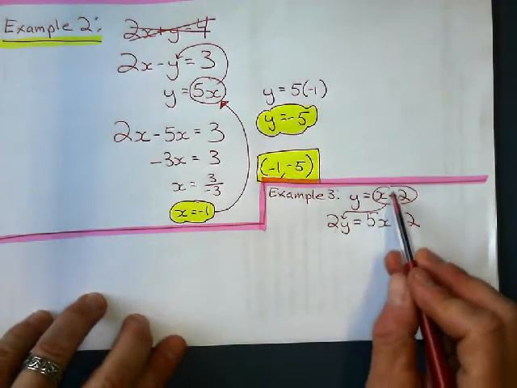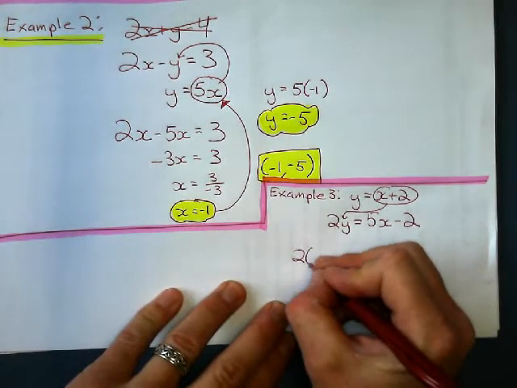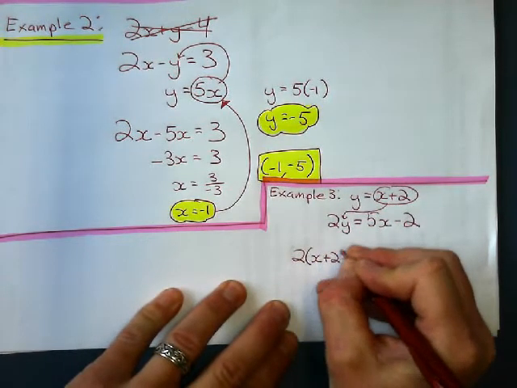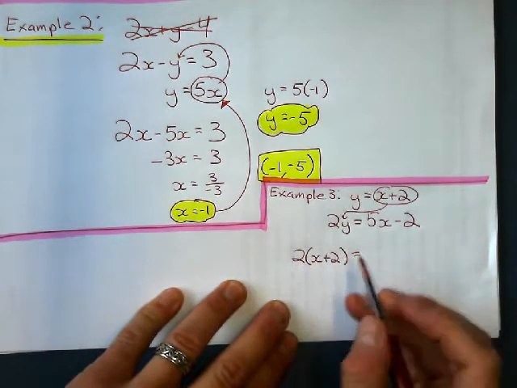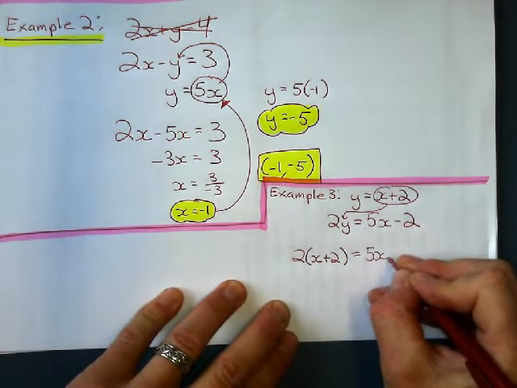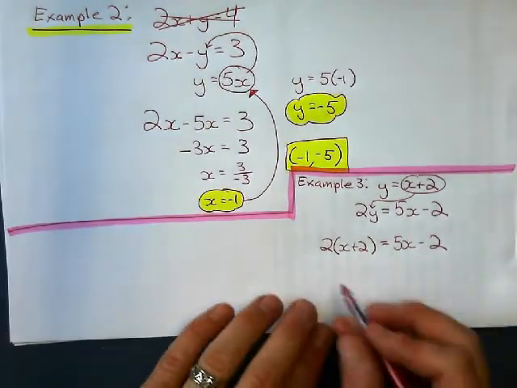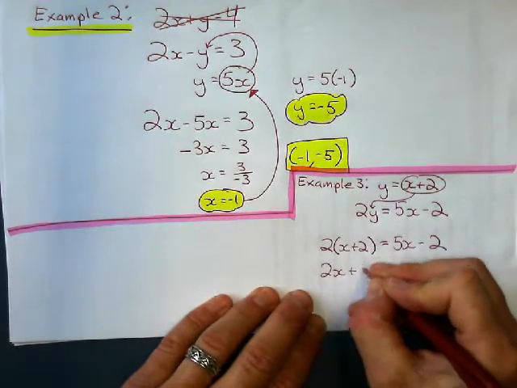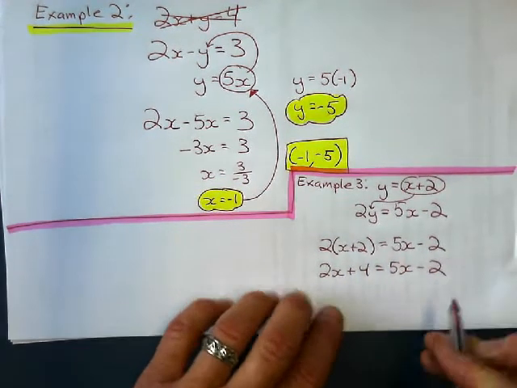So when I rewrite this equation, it's 2 brackets x plus 2. We have to put brackets around there, so the 2 multiplies to everything in there. 5x minus 2. Expand. 2x plus 4 equals 5x minus 2.